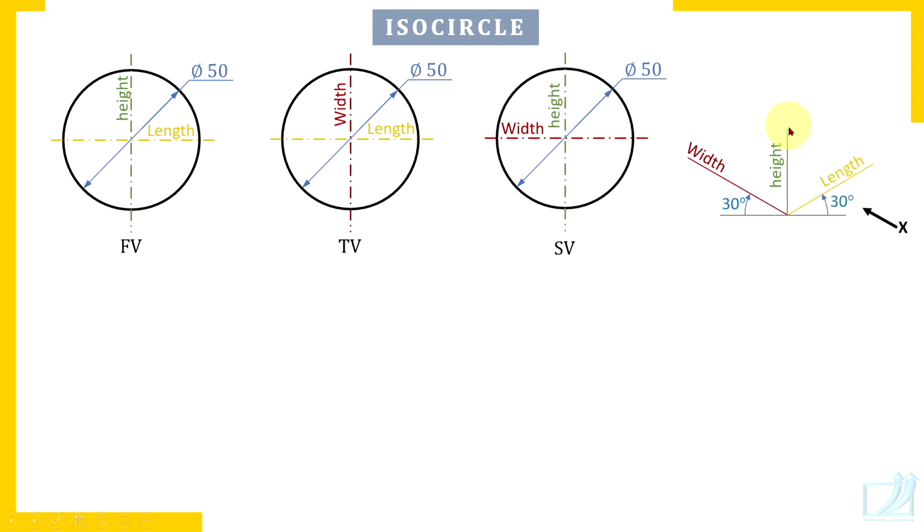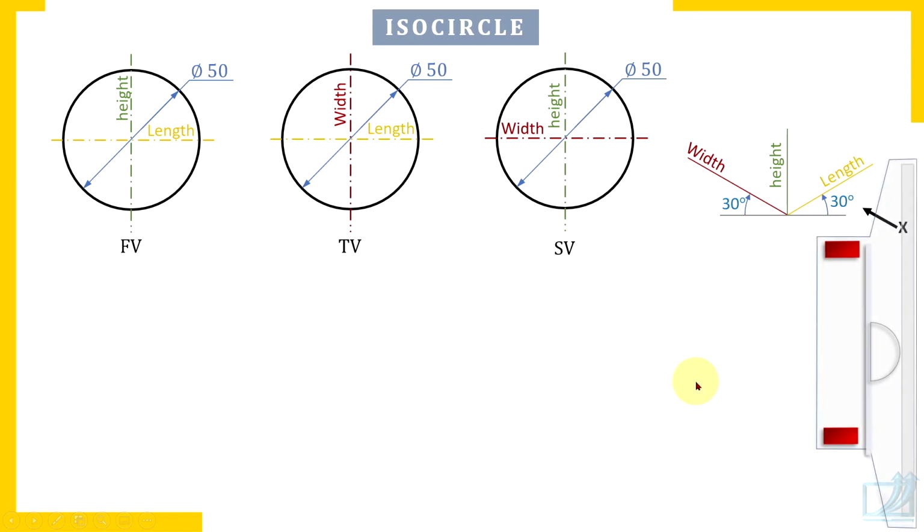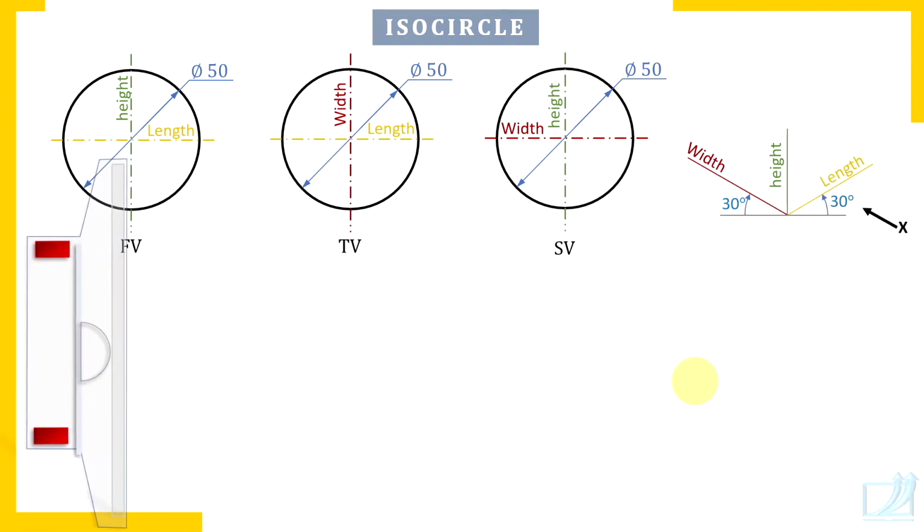And the height axis in isometric view also remains vertical. Height axis in side view is vertical, in front view it is vertical, and in isometric view also vertical. So it's better to have the vertical axis as the reference axis. So set the roller with the vertical edge of the paper and draw the height axis.